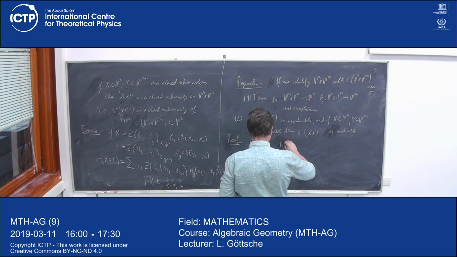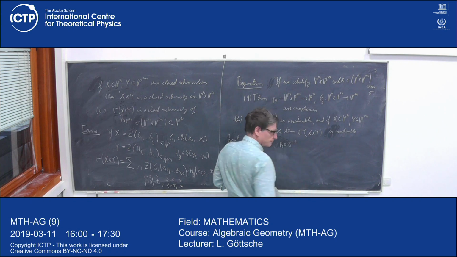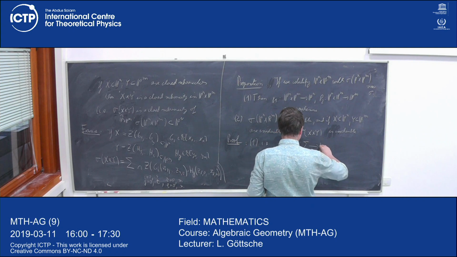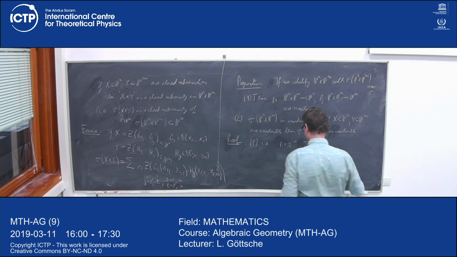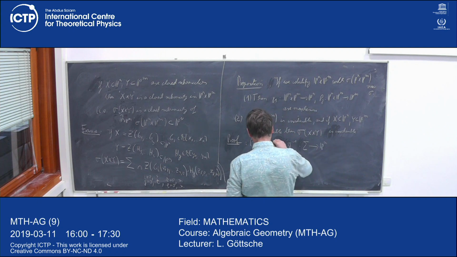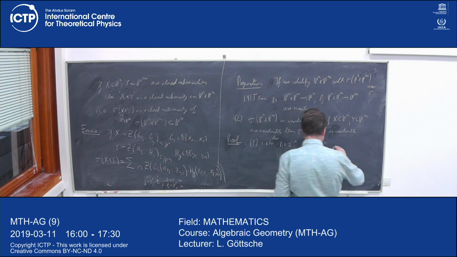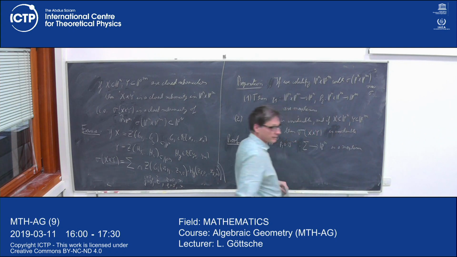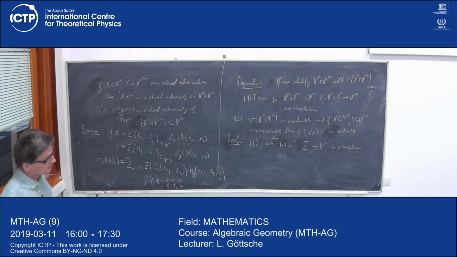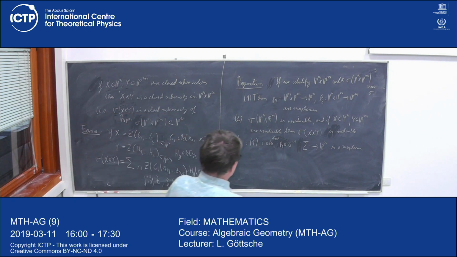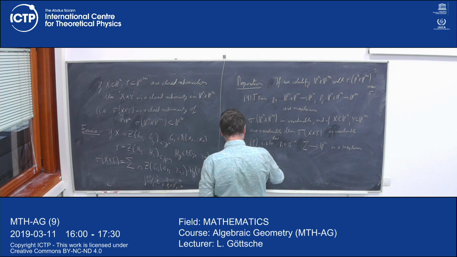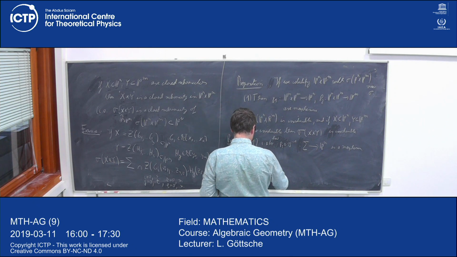I take p1 composed with sigma to the minus 1, from sigma of Pn times Pm, and we have to show that this is a morphism. That's what is meant by this.